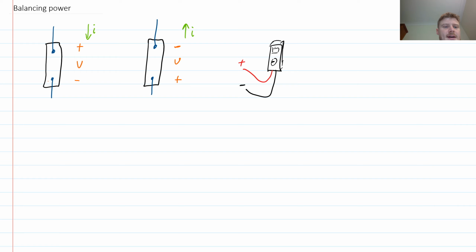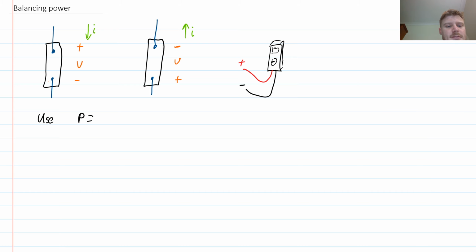In particular, when it comes to calculating power, we have to pay attention to which way around these polarities are defined. The basic rule is the following.